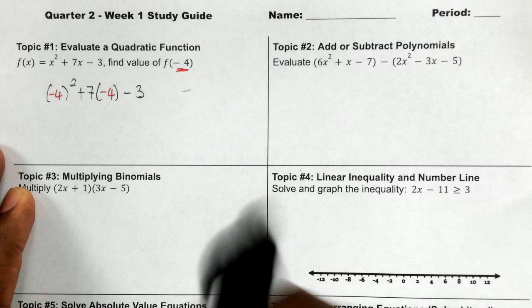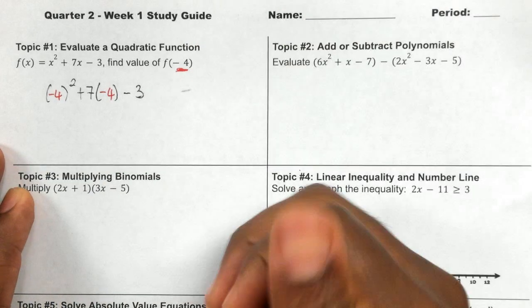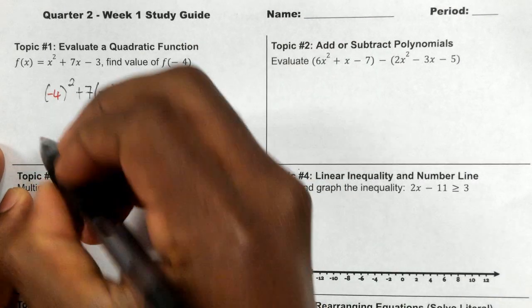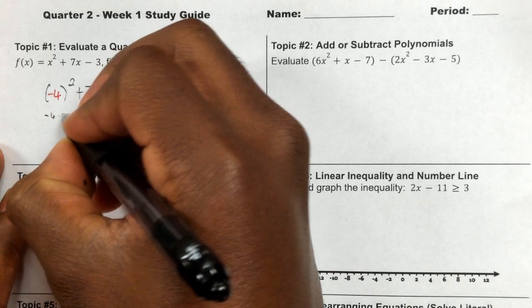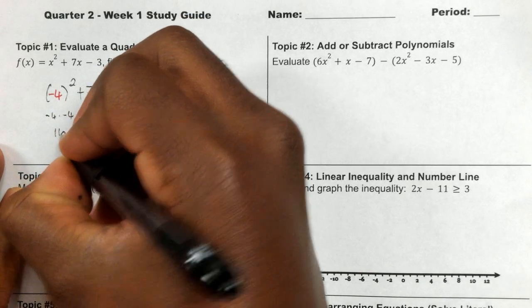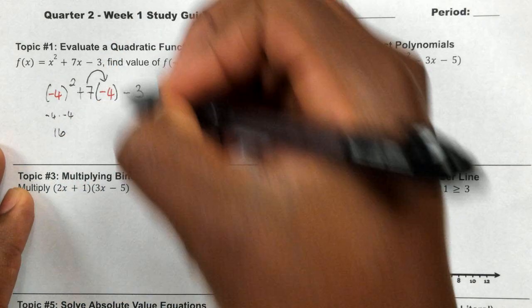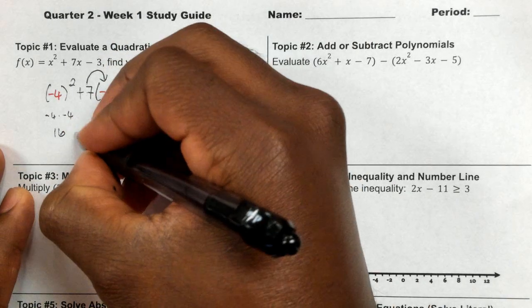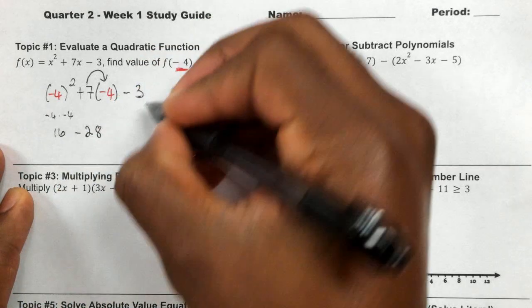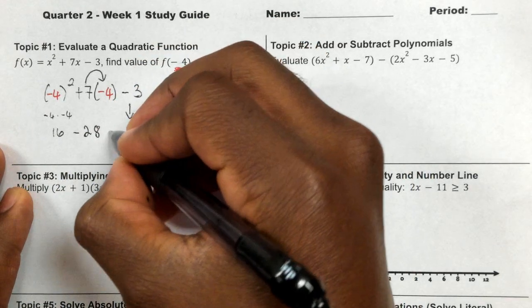And again, you can plug this into your calculator, but I'm going to calculate this by hand. Negative 4 squared is negative 4 multiplied by negative 4, which is positive 16. So the 7, I'm going to multiply by negative 4, and I get negative 28. And the negative 3, I'm going to bring down.